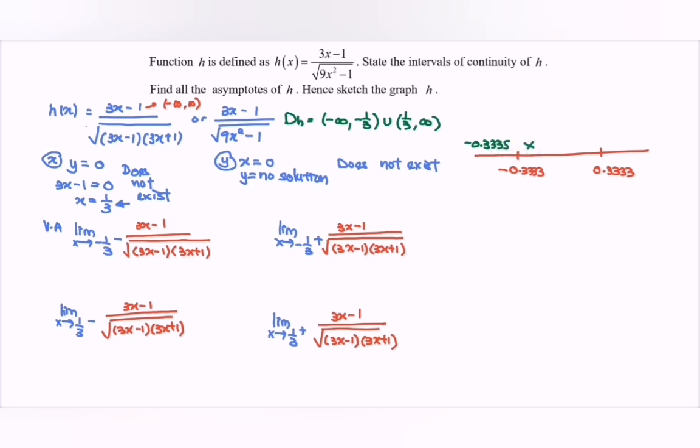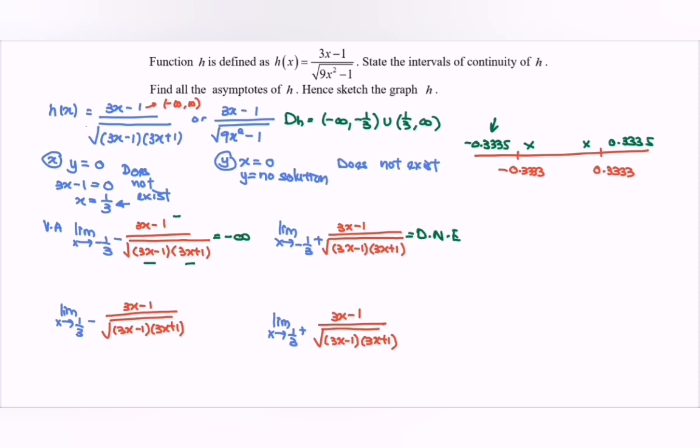Substituting the value for this part, we will have a negative value. The same goes for this part, we will have a negative value. So the value of y will approach negative infinity. As x approaches negative 1 over 3 from the right, based on the domain and the number line, it does not exist.